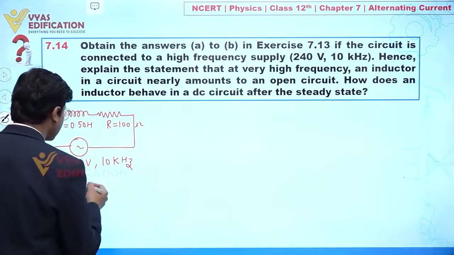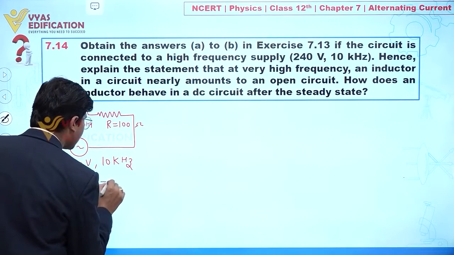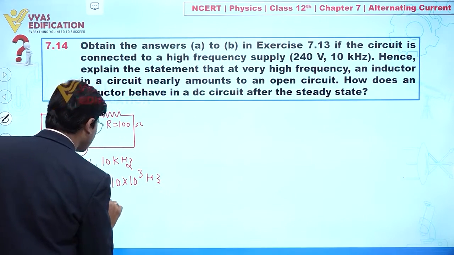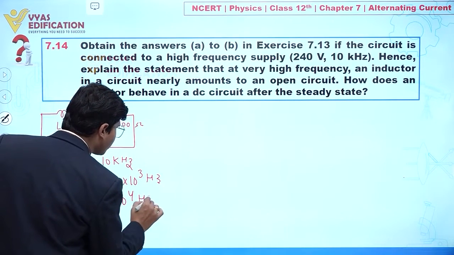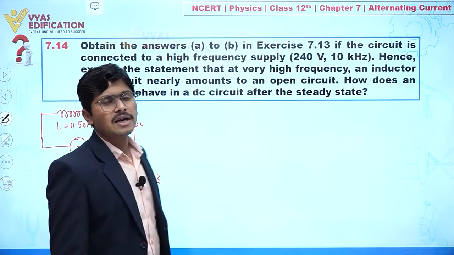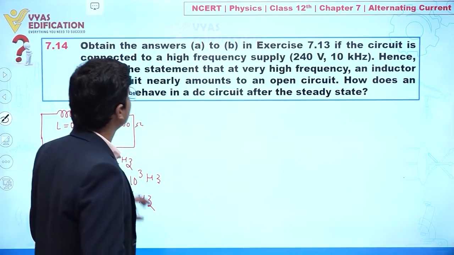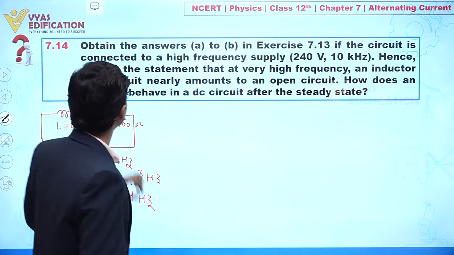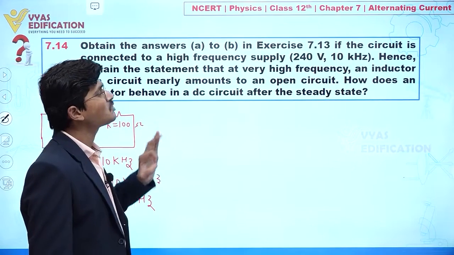So if we talk about frequency, we can write this as 10 multiplied by 10 to the power 3 hertz. So from here this is 10 to the power 4 hertz. Now our objective here is to explain the statement that at very high frequency an inductor in a circuit nearly amounts to an open circuit.